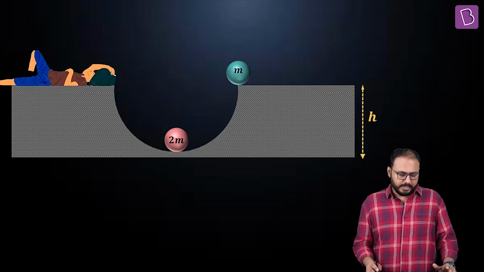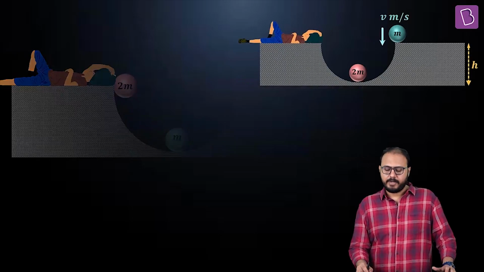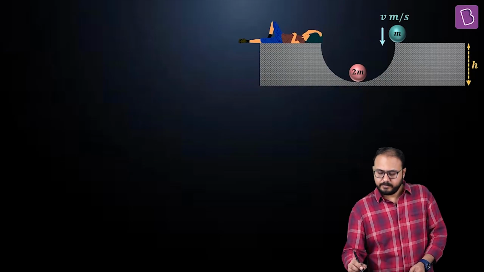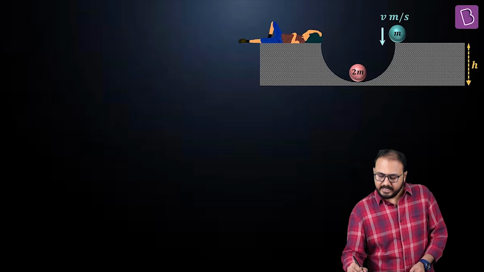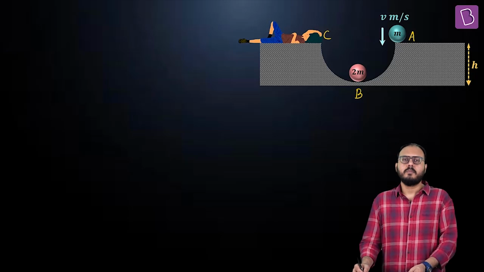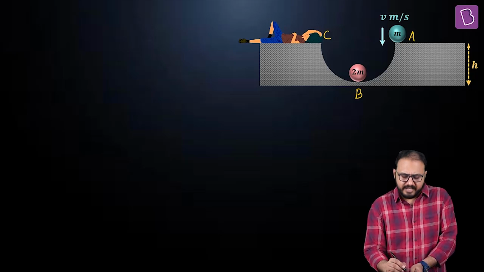So first, it falls down with height h. Let's say this point is A, this point is B, and this point is C. Whose energy are we conserving initially? I'm writing everything down.